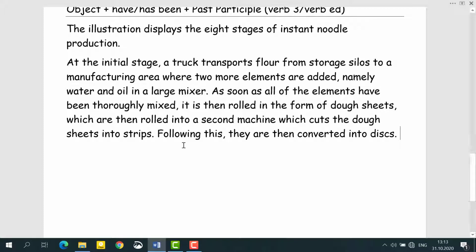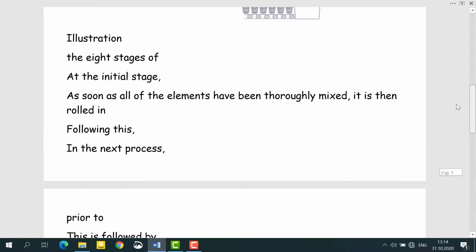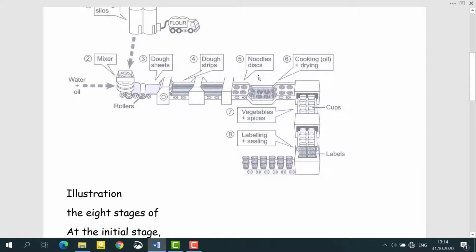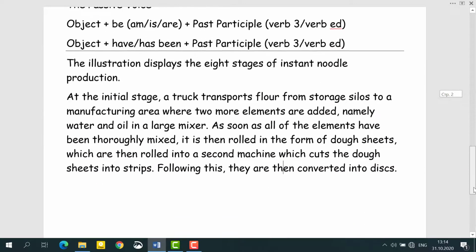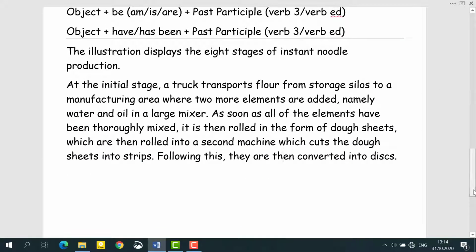Okay, so following this here means after this. They are then, okay, so as you can see, I've used the word then in the middle of the sentence. They are then converted into. So when you convert into something, that means you change something to something. So converted into discs. Now look at this carefully. We have noodle discs, okay? And that's exactly what we have just done. All right.